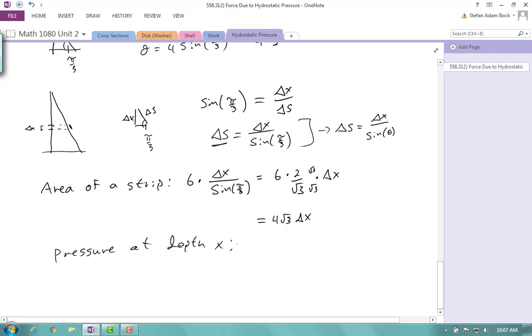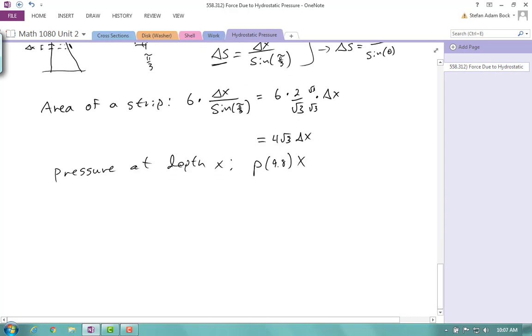So the pressure at depth x is simply rho, and I'm going to stay on Earth, times 9.8 times x. So, in my integral, I'm going to be looking at the integral from 2 to 2 root 3. Those are the depths at which my rectangle occurs.